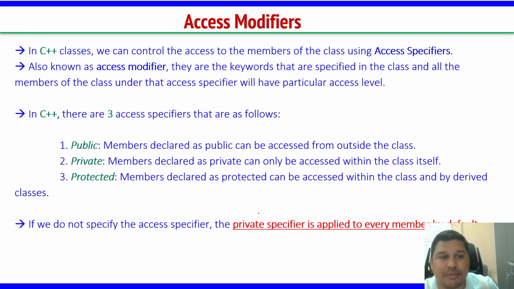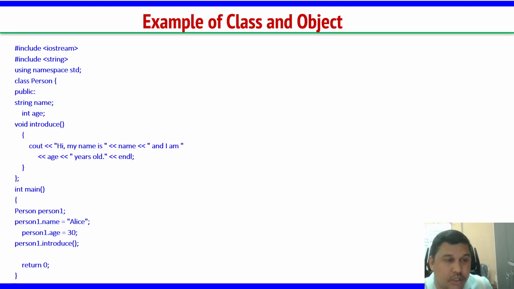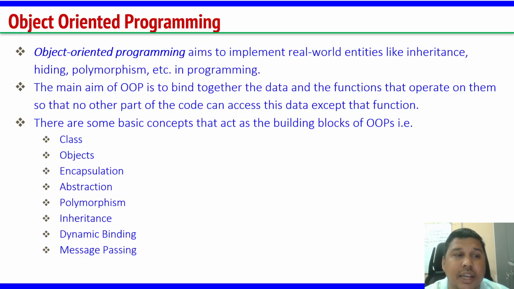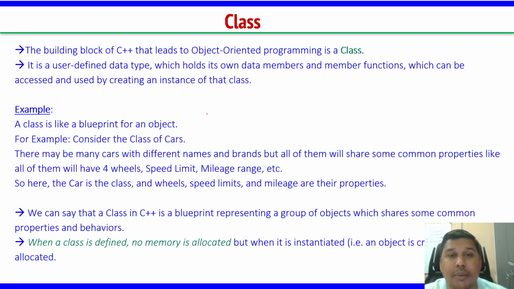So this is about class, object and access specifiers, right? I hope you got a little idea. Let us quickly revise before we go forward, because it is good to keep revising. We have seen OOPS and the 8 important building blocks of object-oriented programming. Then we studied class.